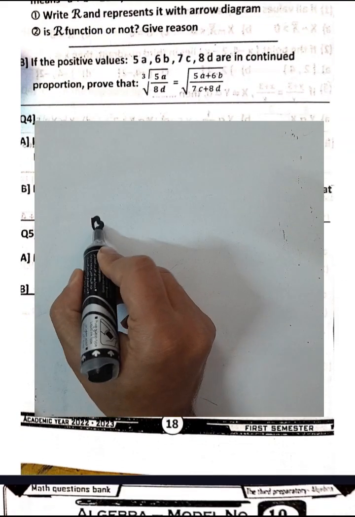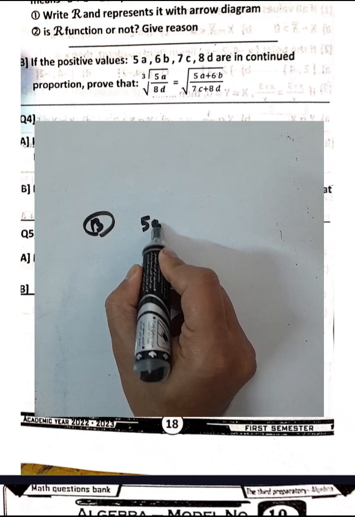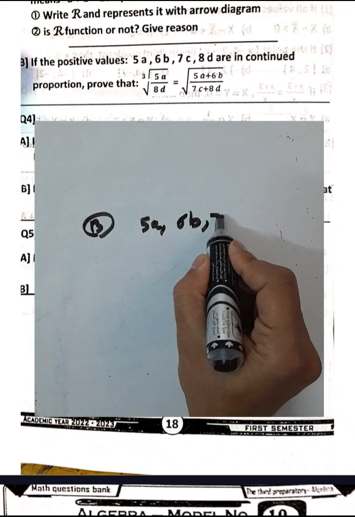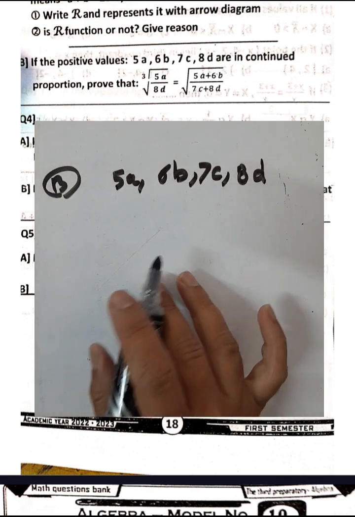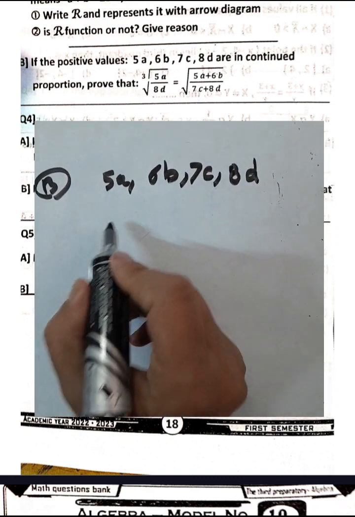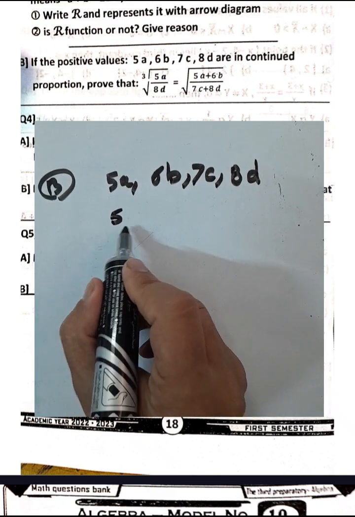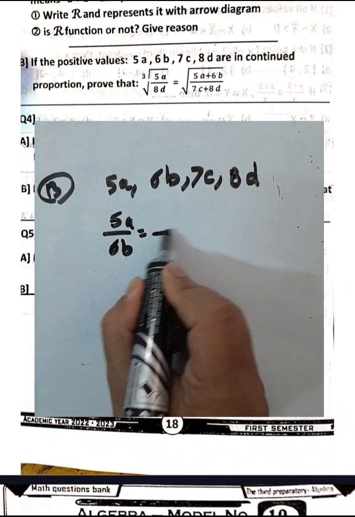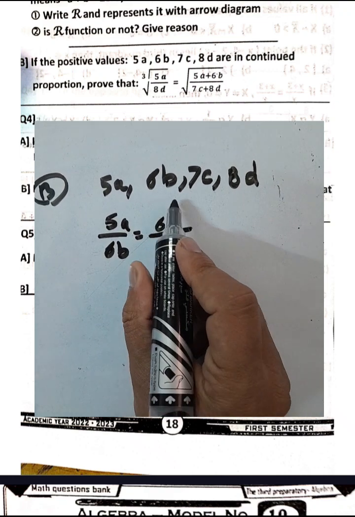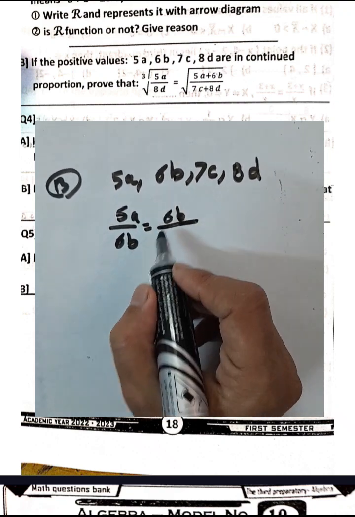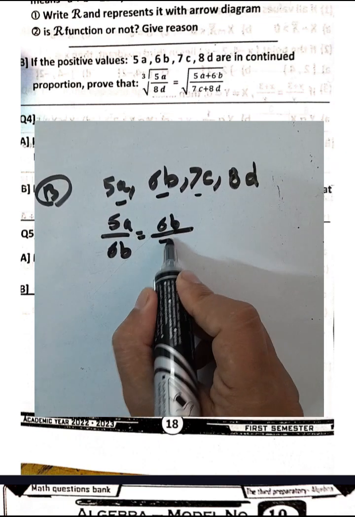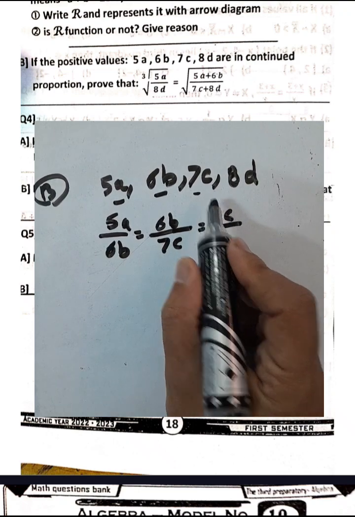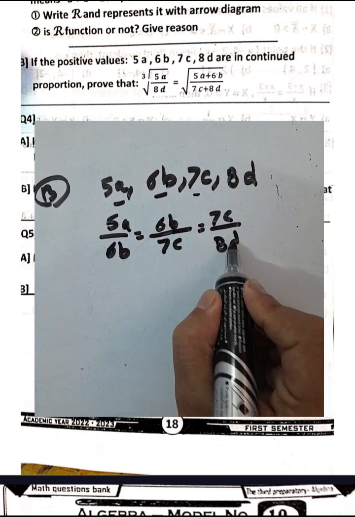Question B. We have 5a and 6b and 7c and 8d are in continued proportion. You want to prove that left hand side equals right hand side. Continued means continued proportional. Okay, it means 5a over 6b equals 6b over 7c equals 7c over 8d.